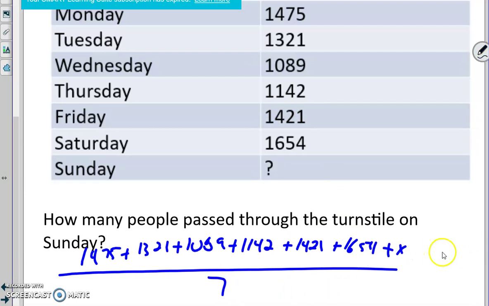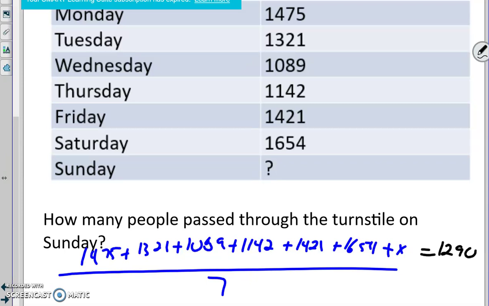And that average was, what was it? 1290. Okay. So same thing, add them all up. 1475 plus 1321 plus 1089 plus 1142 plus 1421 plus 1650.